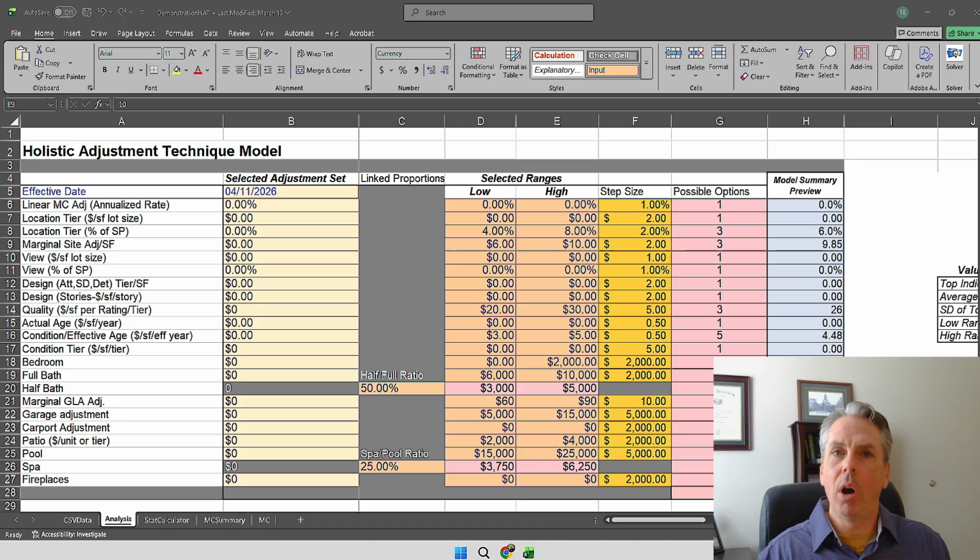We've often taken the idea that, okay, I made an adjustment and it seems like it's a better fit. Well, it probably is. But is that the best adjustment set? Is that the best adjustment in the context of all the other adjustments? And we haven't had a way to answer that question. We haven't even been encouraged to ask it.